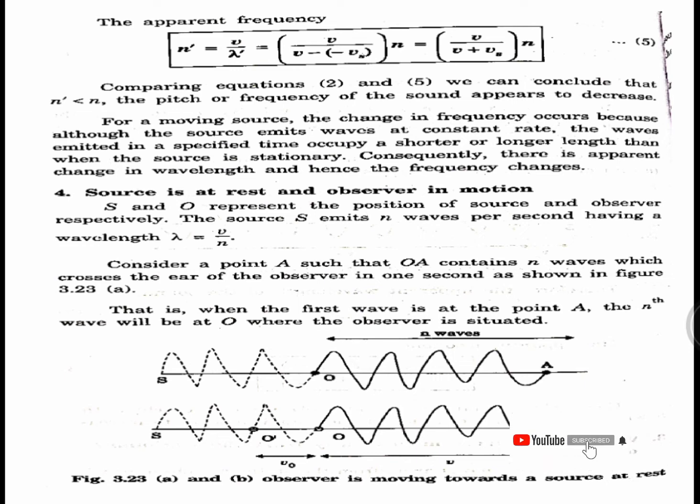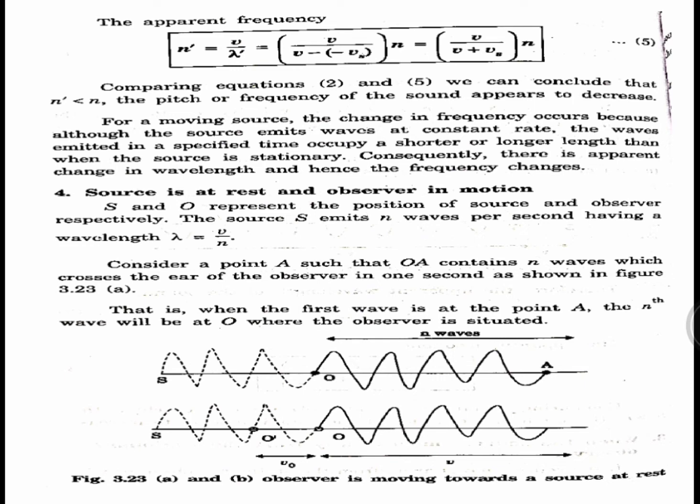In condition 4, the source is at rest and the observer is in motion. S and O represent the positions of the source and observer respectively. The source S emits n waves per second having a wavelength lambda equal to V by n.